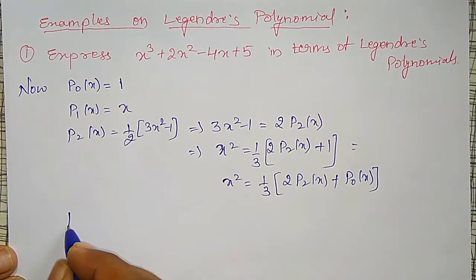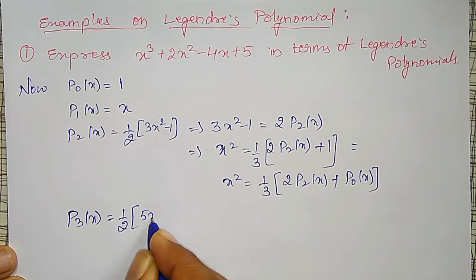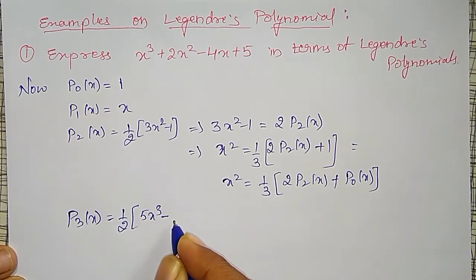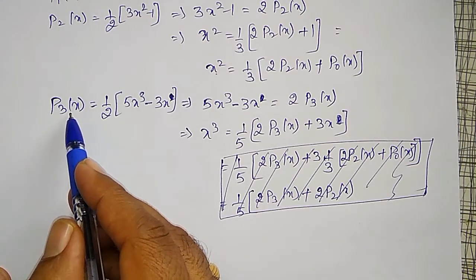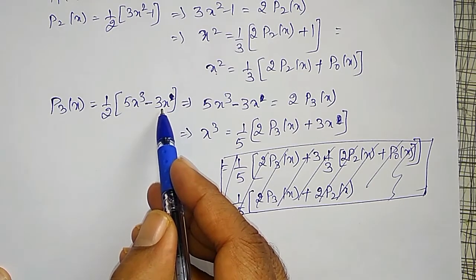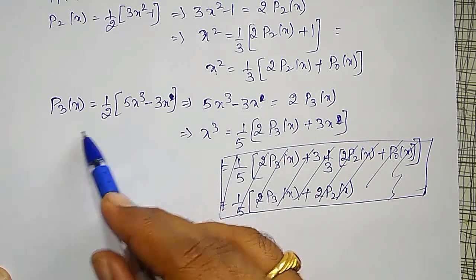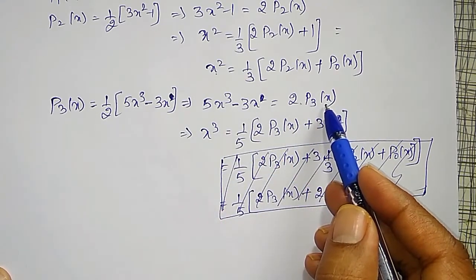To do that, I have P3 of x equal to 1 by 2 times (5x cube minus 3x). Therefore, 5x cube minus 3x equals 2 times P3 of x.